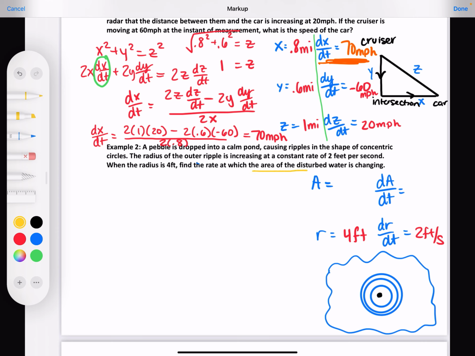So then dr/dt. And then area, we can find with the information that we have. So area is equal to pi times r squared, so 4 squared, or we can just call it 16 pi. That's technically in feet squared as well. That's the area.